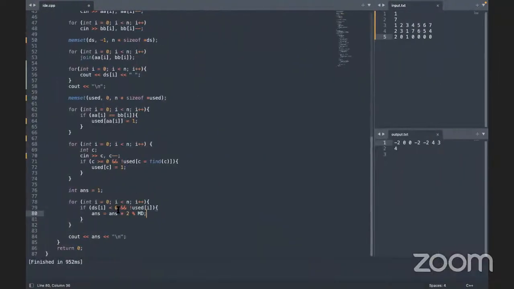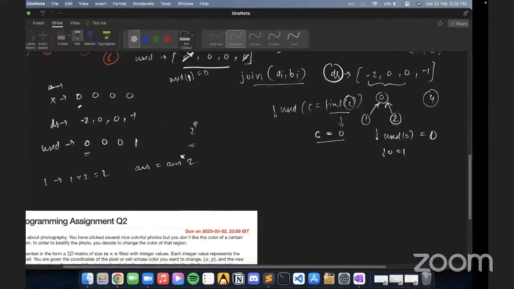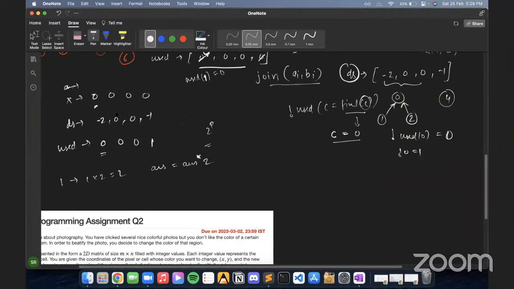Okay. Then for the second index, it sees DS[i] is not less than 0. What it means is basically it's not the parent of any group. It's a child, and it's not the parent of any group, right? So we have to skip this. And for the third position, it sees DS[i] is not less than 0. This means it's not a parent.